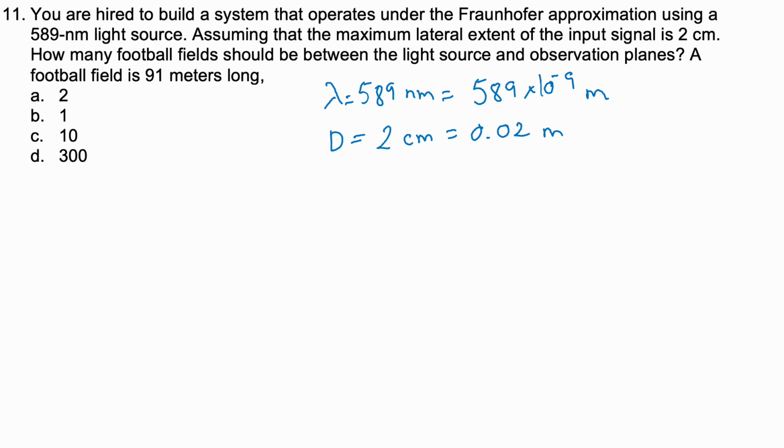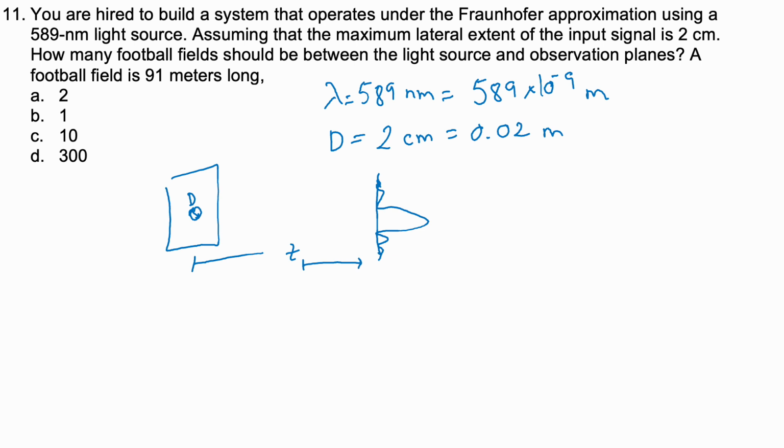And they ask us how far. So you know here that this is gonna be your maximum, right? And now you need to figure out how far you need to be so you can get the diffraction pattern, right? So if it's a circle, for example, here we're gonna have our sinc function.